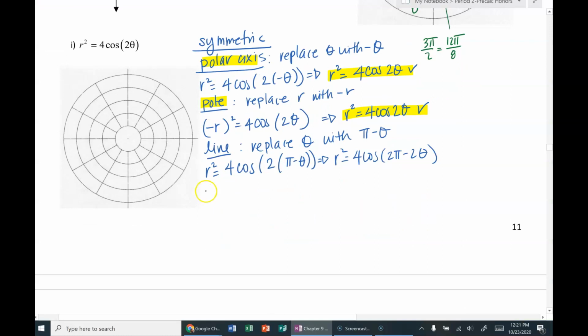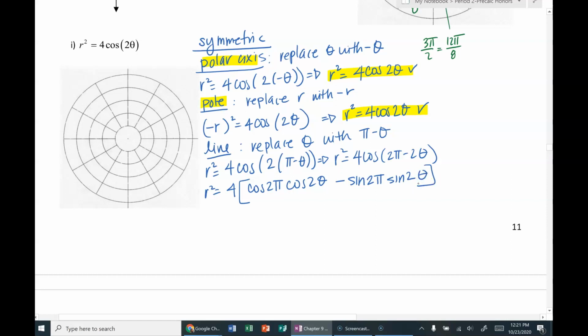Let's use the difference formula for cosine. So cosine of 2 pi times cosine of 2 theta, minus sine of 2 pi times sine of 2 theta.